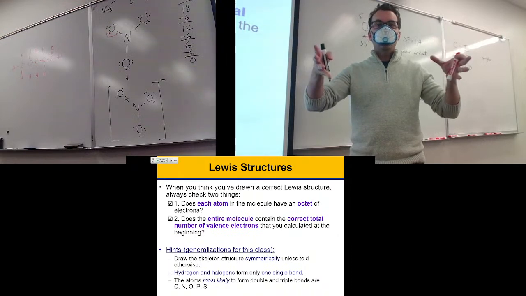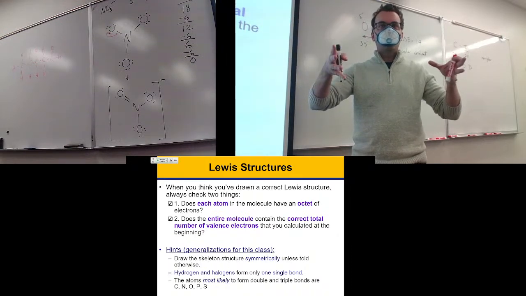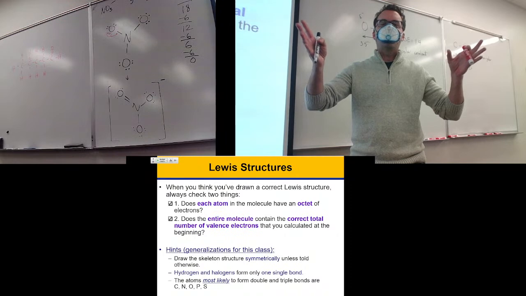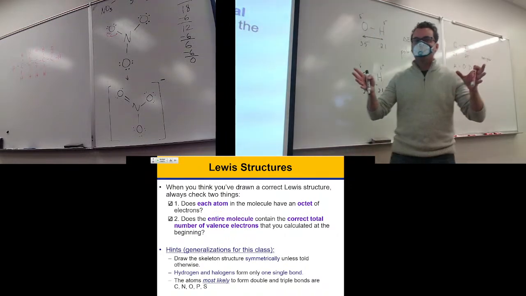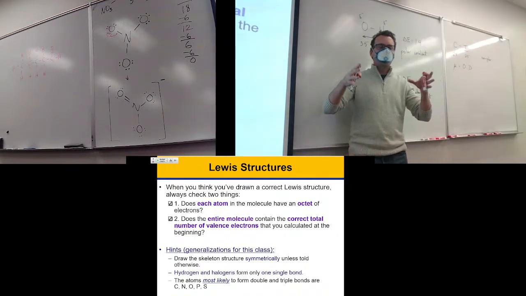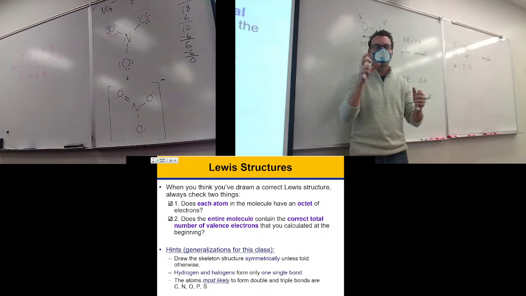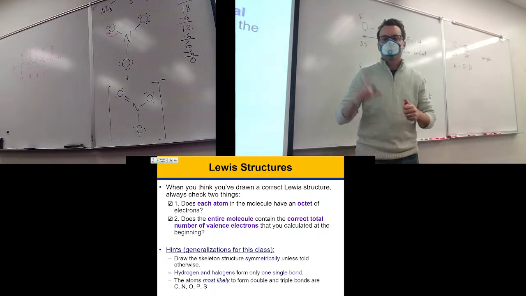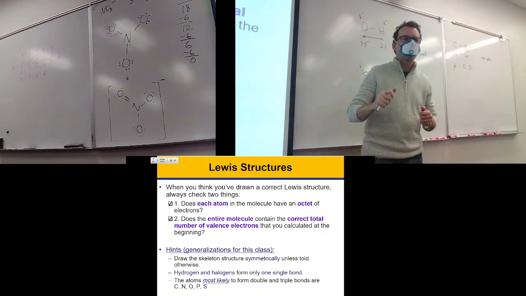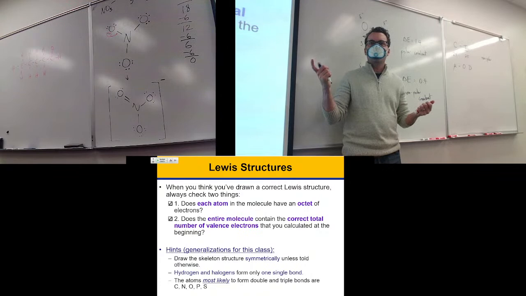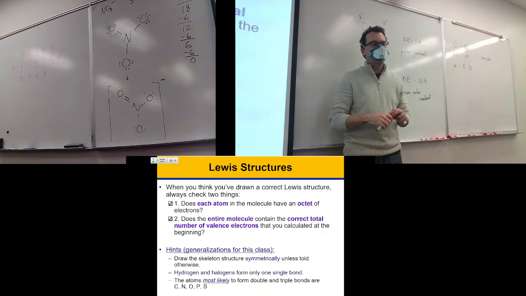It was CFCs in aerosols. Ozone depletion was like so 80s, but it's still a big deal. There are CFCs, chlorofluorocarbons, in aerosol propellants. So any spray can, hairspray use CFCs, and air conditioning uses CFCs too.